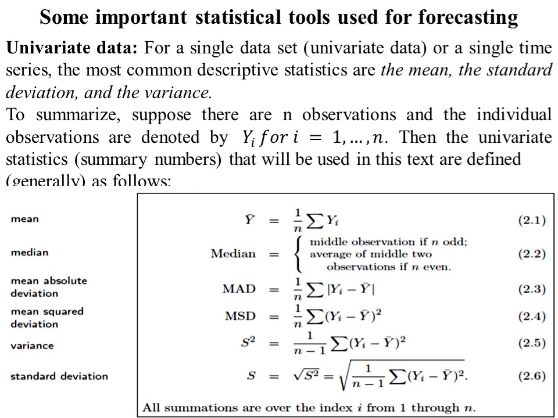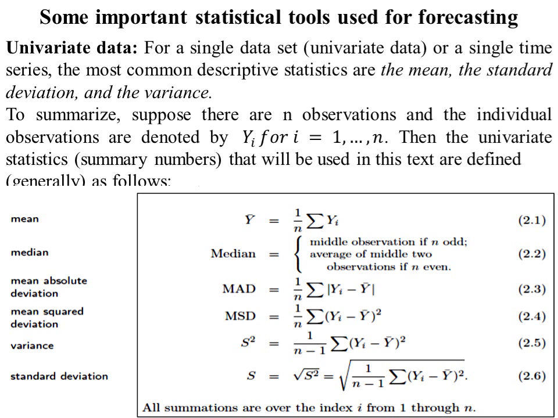Deviation means how this point deviates, how far yi is from the mean. So we turn to the mean squared deviation: M for mean, S for squared, D for deviation.